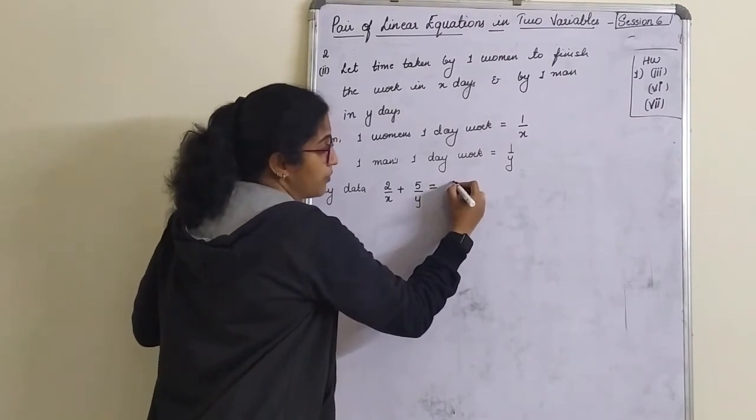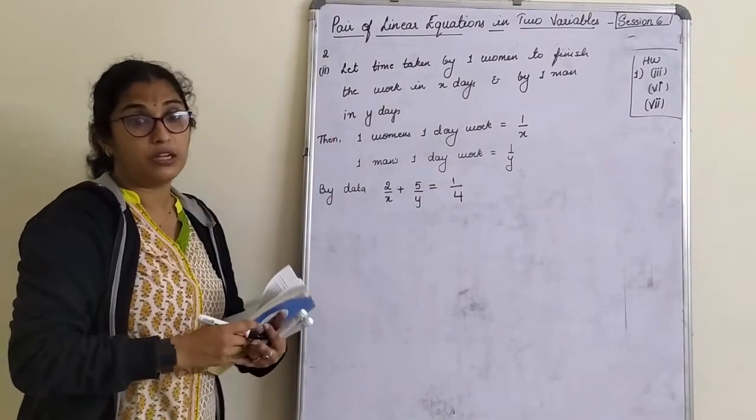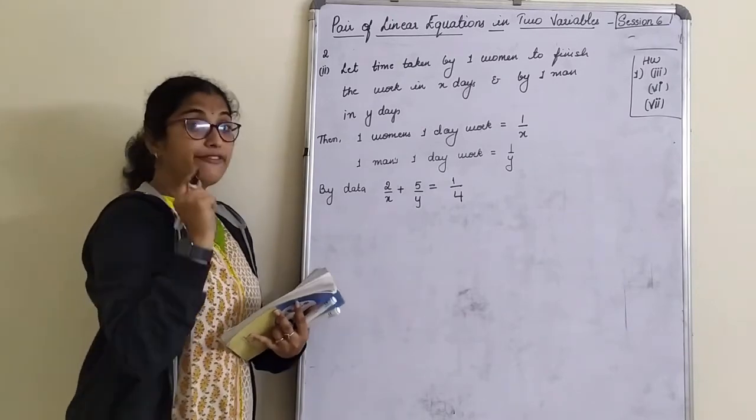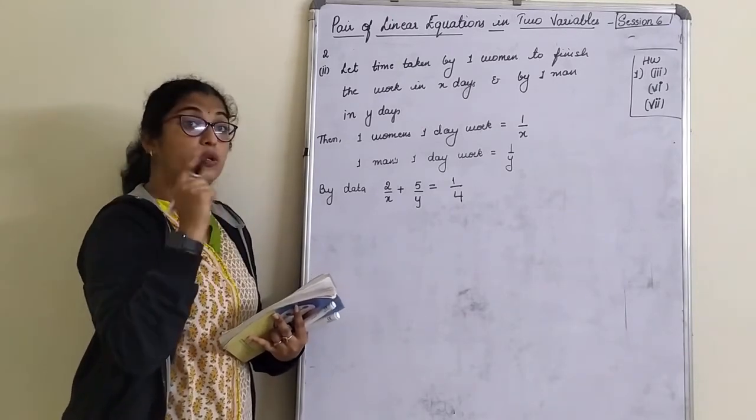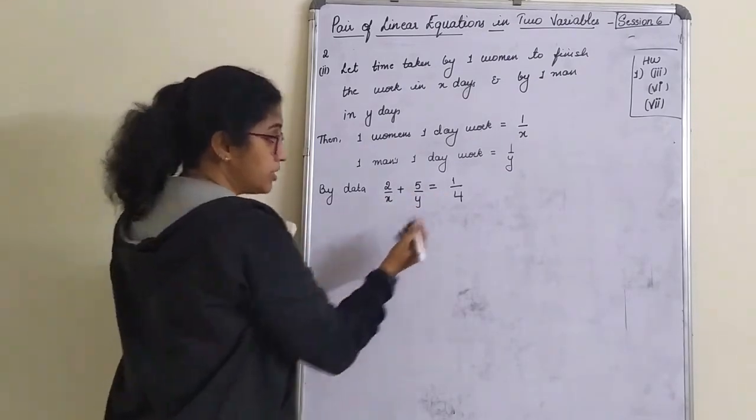Now 4 days when we write, it is considered as 1 by 4. Why 1 by 4? With respect to 1 day we consider that. So this is our first equation.